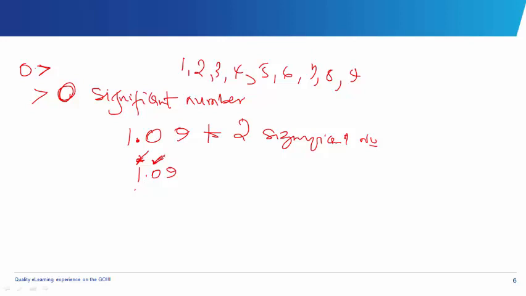So we'll take it to be significant. But assuming we had a number like 0.023, this 0 is not significant because it's following a 0. So we will not regard it as significant, unlike when we had this. This is now significant because it's greater than 0, and this is significant.